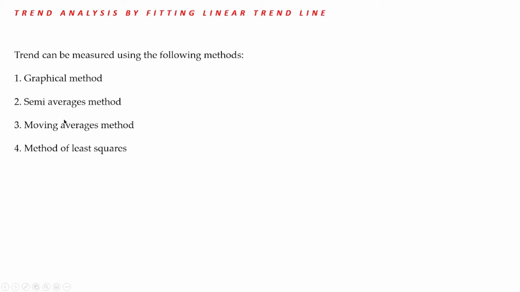The next one is semi-averages method. Here we will divide the entire data into two halves. We take the average of first half and the average of next half, draw a line joining those 2 points and see the trend. That is semi-average method. The third one is moving averages method, and the fourth one is method of least squares. So these two methods we are going to study in detail.